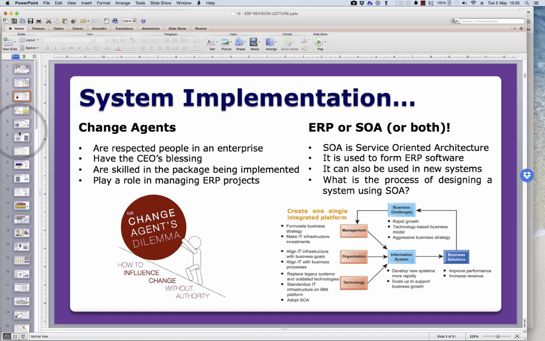But change agents are important because they typically are well-respected people within a company who work with the company. They could be consultants as well. That's the other thing they could be, who work with the company to influence teams to identify bottlenecks and problems and things that need to be removed to progress. And so these are kind of skilled project managers, but they also have a human side to them.